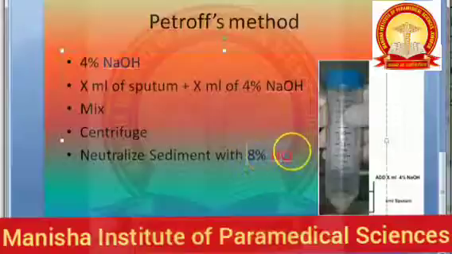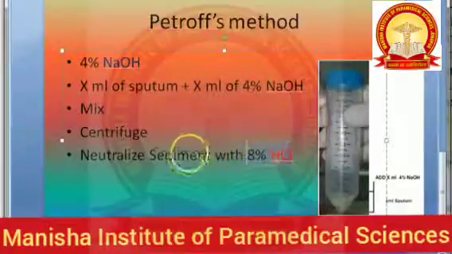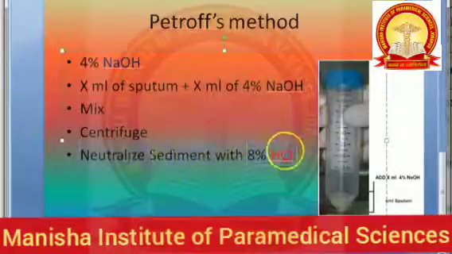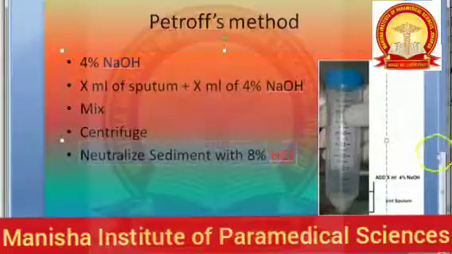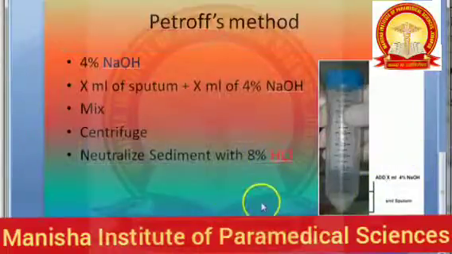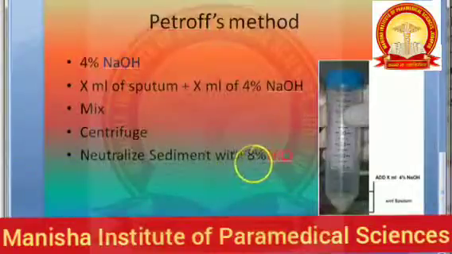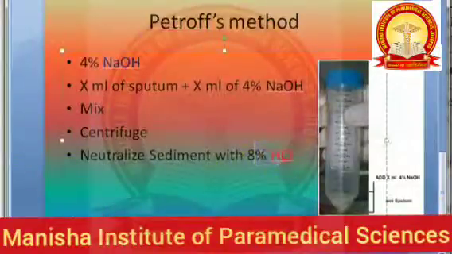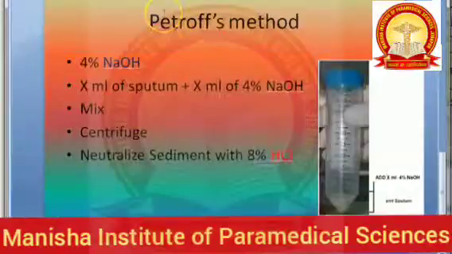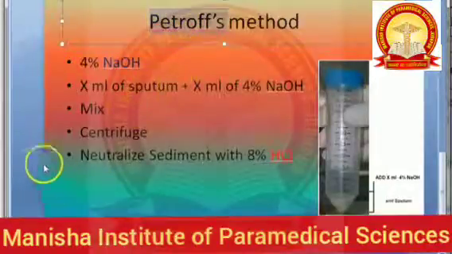So note here the concentration of the acid is more, double the initial. I think they have not mentioned the ml here. Okay, let's leave it at that. They only mentioned the 8% HCl. Is this clear? Petrov's method is clear.